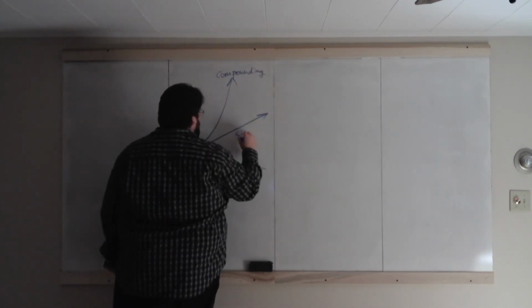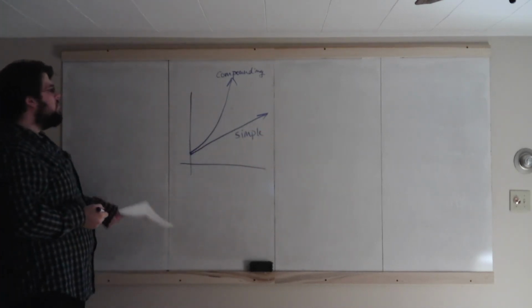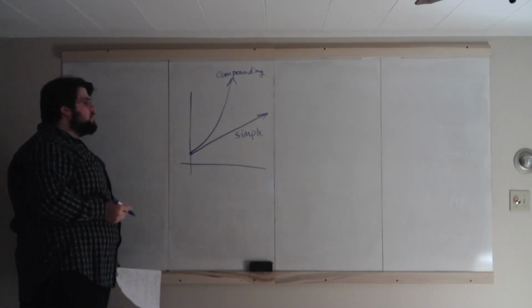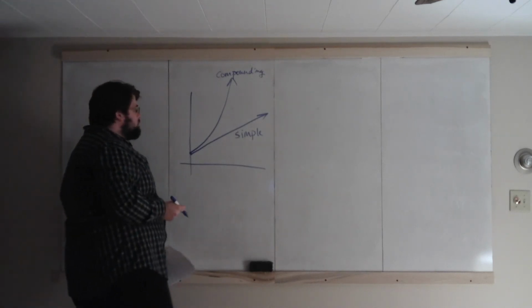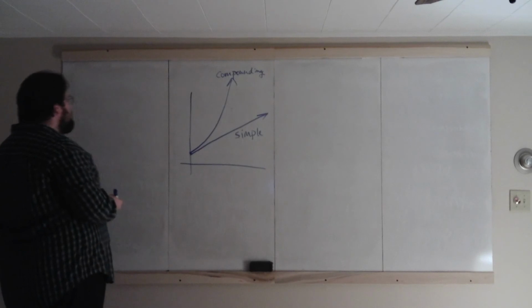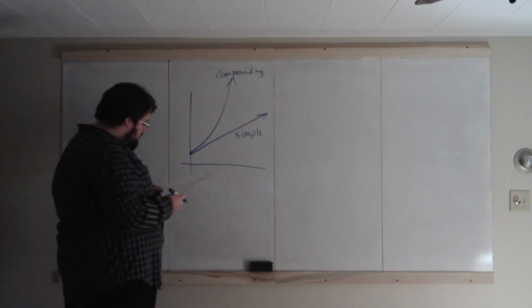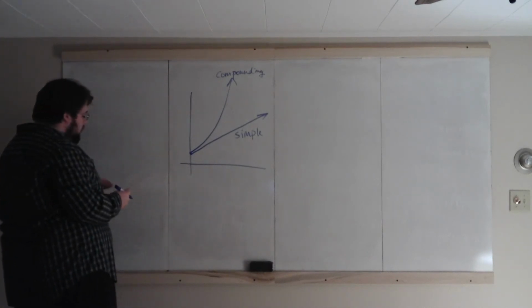So let's say that's compounding, and this is simple interest. Compounding grows exponentially. Simple grows linearly. Simple is a form of arithmetic growth. Compounding is a form of geometric growth. I'm not going to ask you about those words. They're just words.